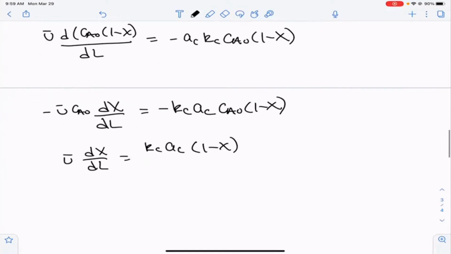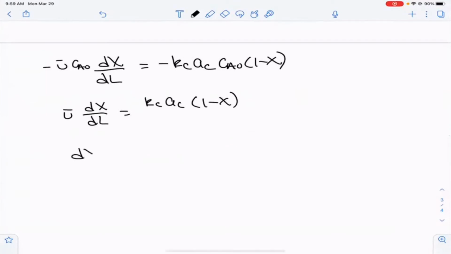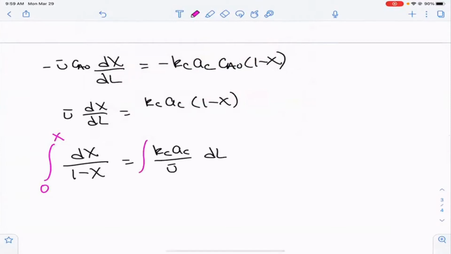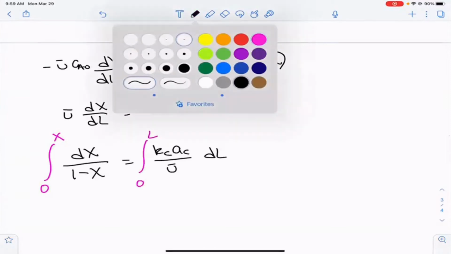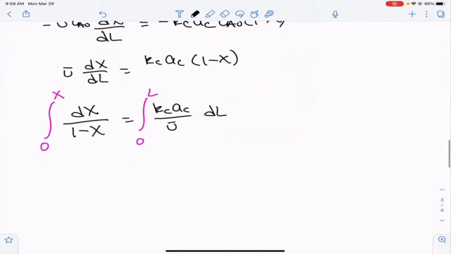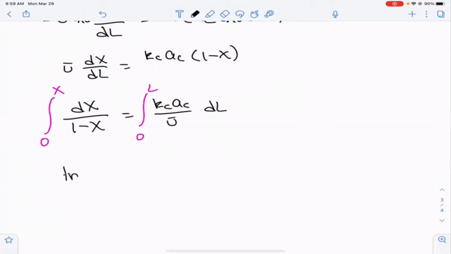So let's rearrange this just like we ordinarily would. This becomes dx over 1 minus x equals Kc times AC over the linear velocity times dl. We integrate that from 0 to conversion and 0 to the length. Our solution is the natural log of 1 over 1 minus x equals Kc times AC over our linear velocity times the length.